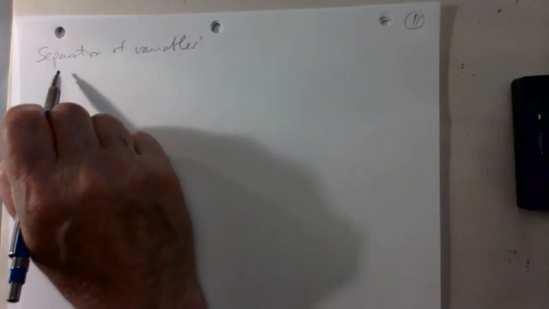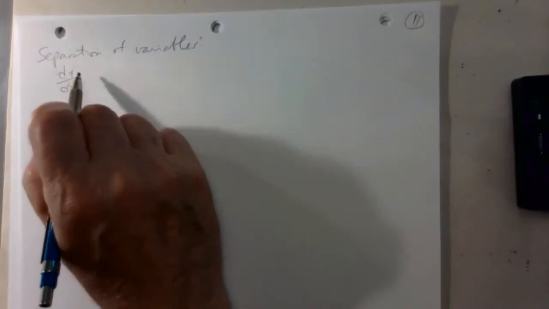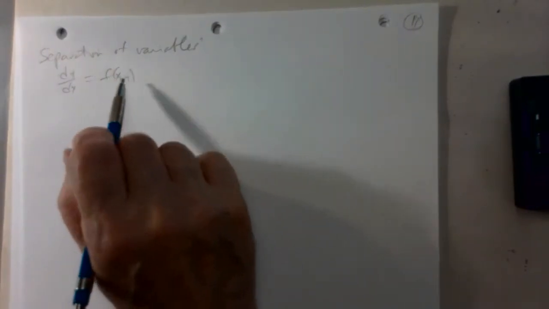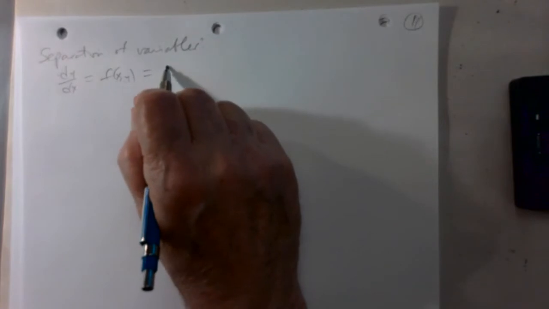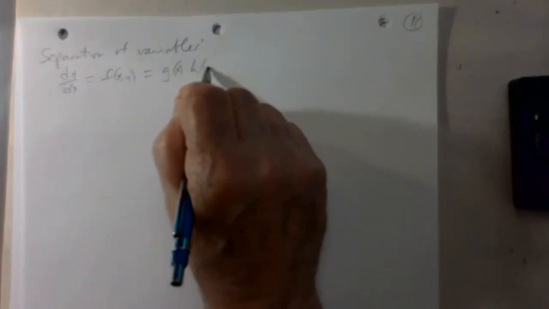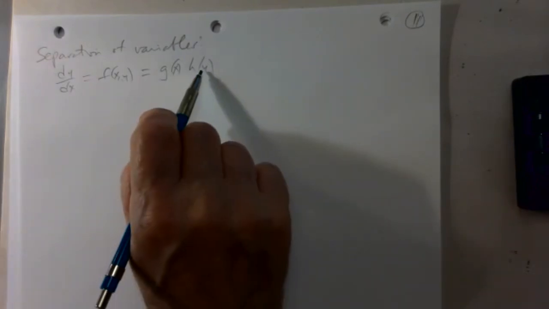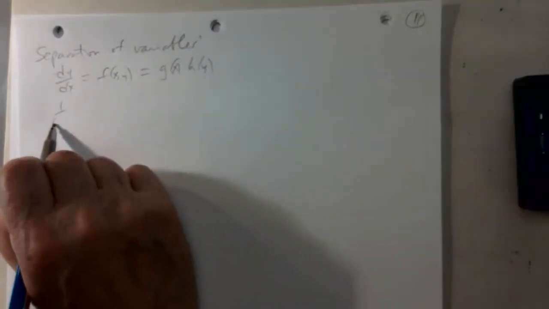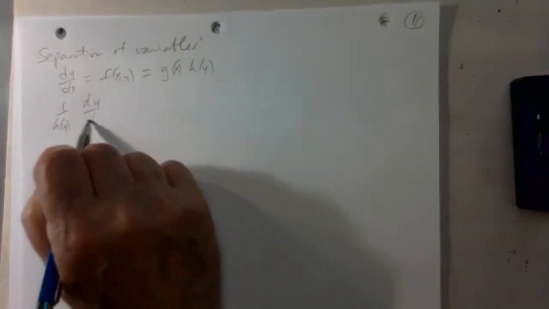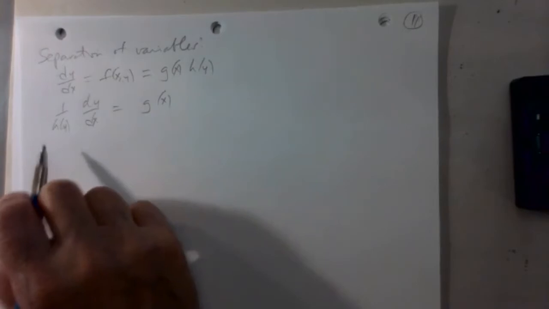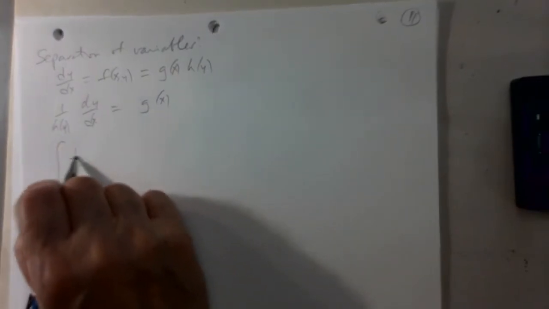So you have dy/dx is some function of x and y, but it might happen that you can write f(x,y) as a product of some function of x times some function of y. And then you can bring this function of y over to the left-hand side, 1 over h(y) dy/dx equals g(x).